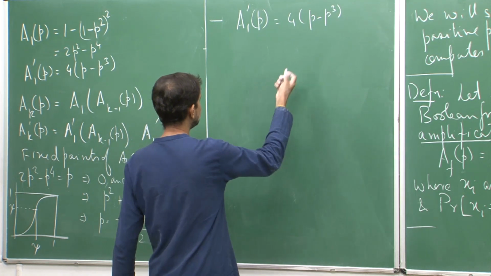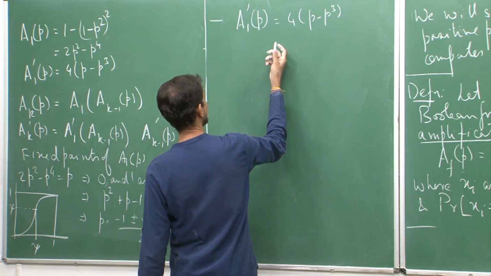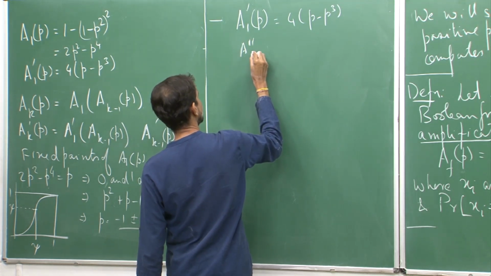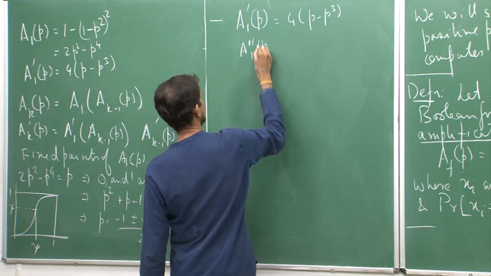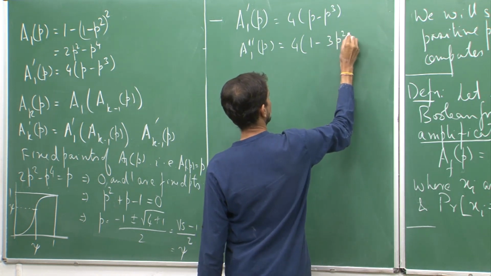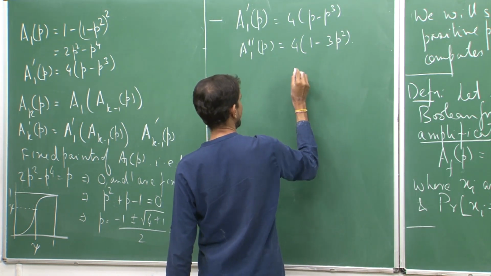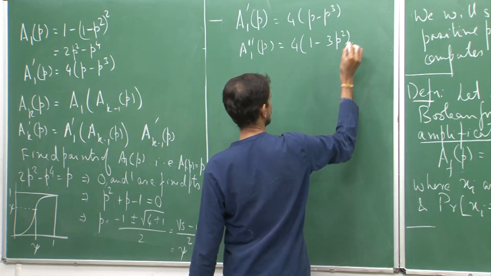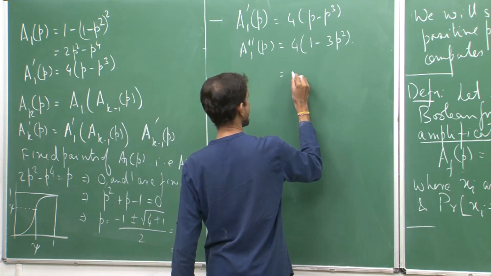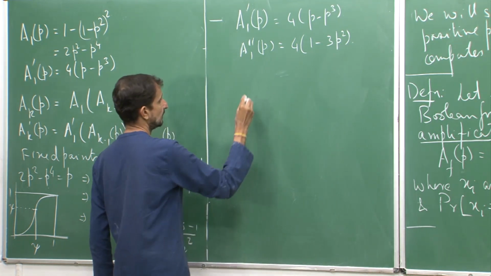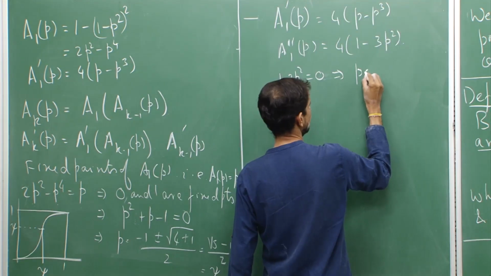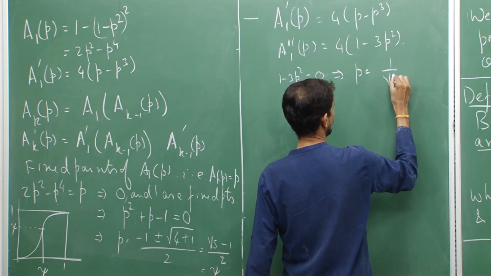So, to find maxima or minima, let us look at the double derivative. So, A prime prime p will be equal to 4 into 1 minus 3 p square, and if I equate this to 0, I get that 1 minus 3 p square equal to 0 implies p is equal to 1 over root 3.